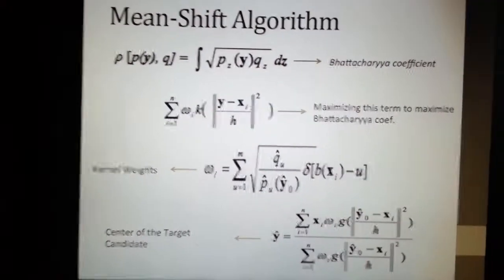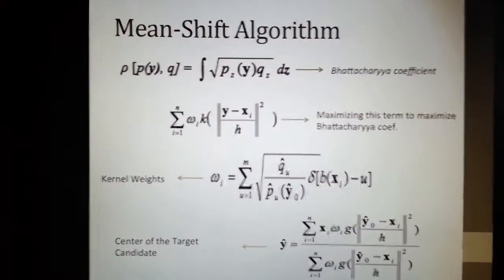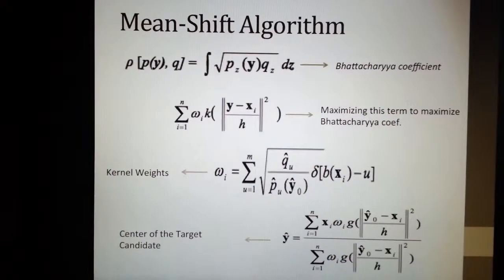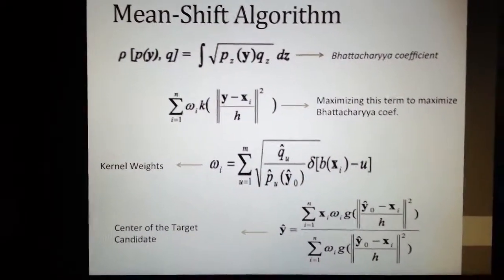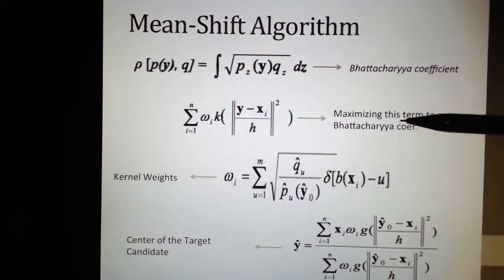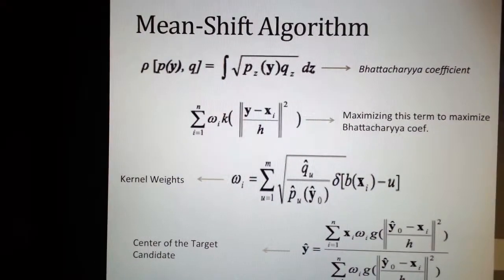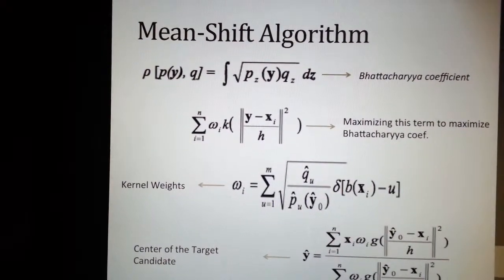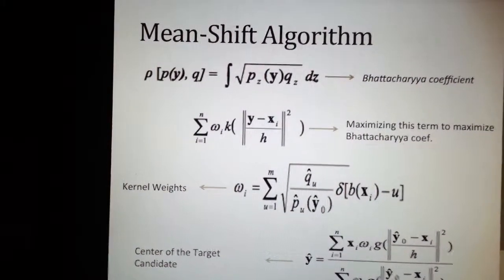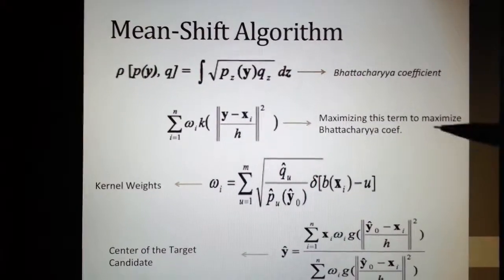As you can see, the mean shift method maximizes this coefficient by maximizing the second term here, where h is the kernel smoothing parameter and omega is the weightings defined here.